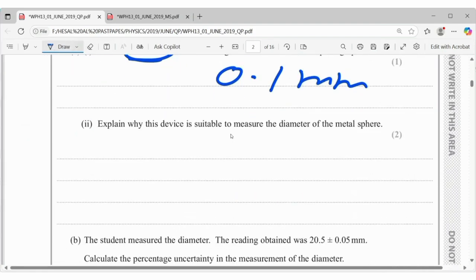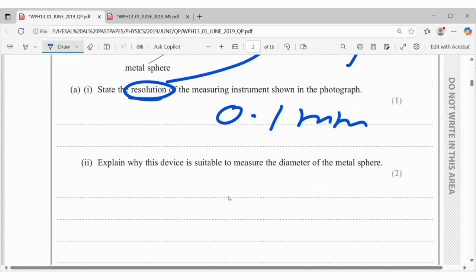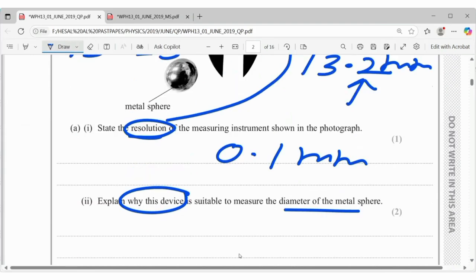Here the second part. Explain why the device is suitable to measure the diameter of the metal sphere. It mostly shows some kind of relationship. That means we can get the resolution in here.